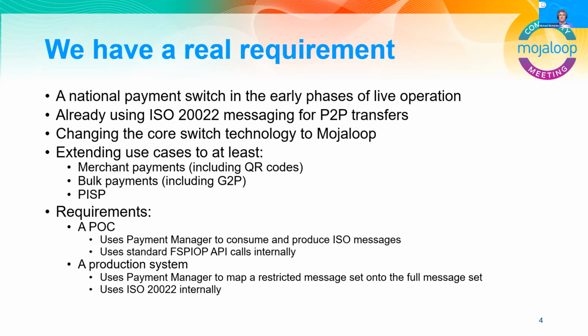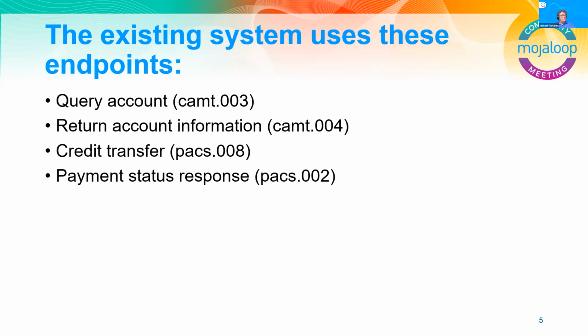So going back to what Justus was saying in his presentation, we would like to be able to be storing ISO 20022 messages so that they can be used, for instance, by a fraud and risk management system, and so that we can demonstrate to everybody's satisfaction that we can use the ISO messages. The existing system uses a restricted set of endpoints. It doesn't include the quote section, the two messages that we propose to use for that. So that's what we would fill in with Payment Manager in the production system.